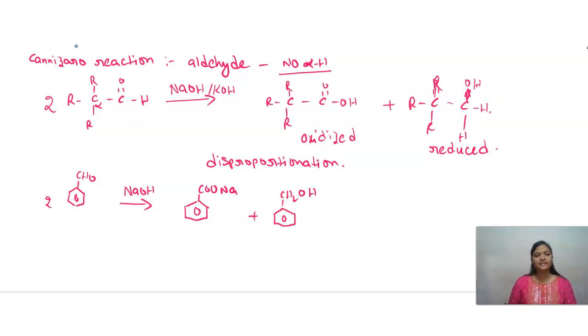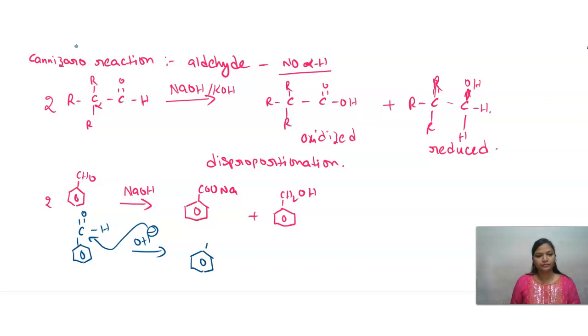Okay, so for the mechanism of this reaction, here it is benzaldehyde, it is accepting one OH minus from NaOH, it will give CO minus, with H and OH here.